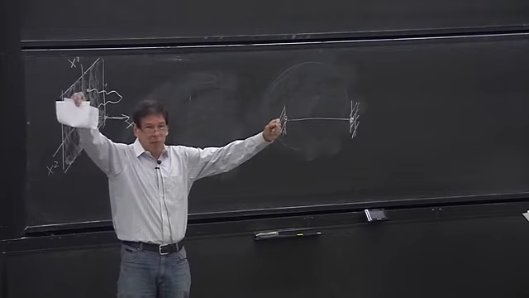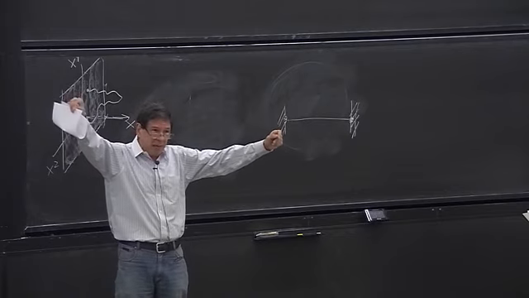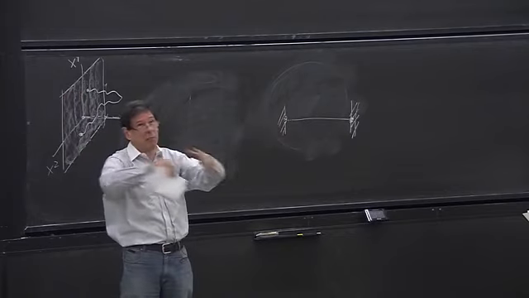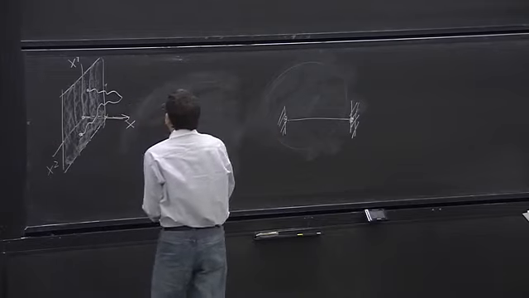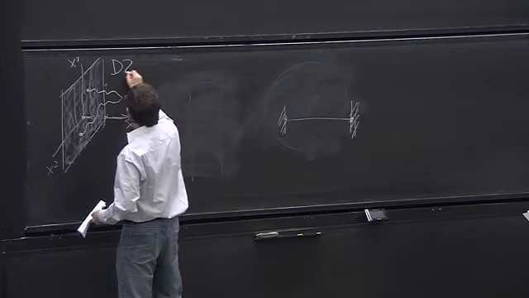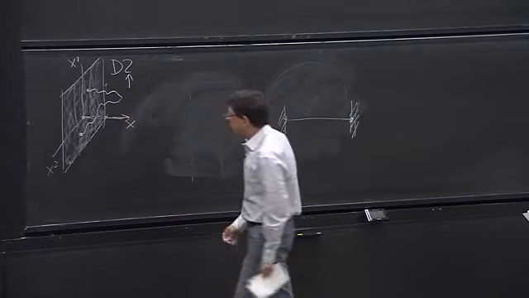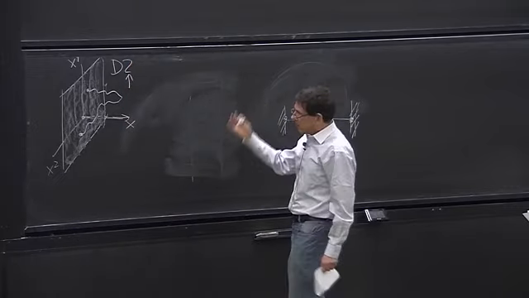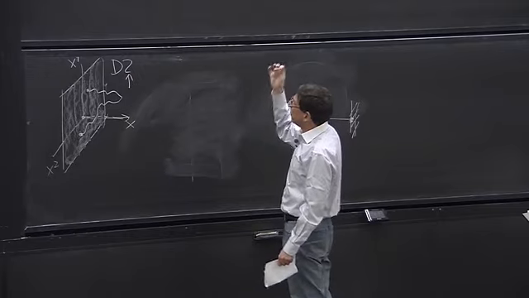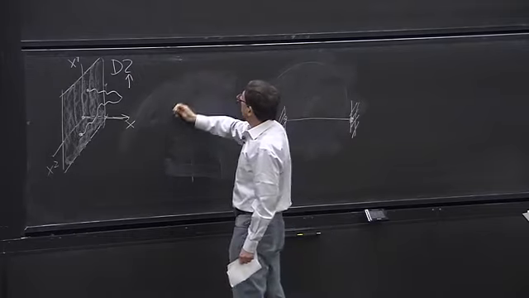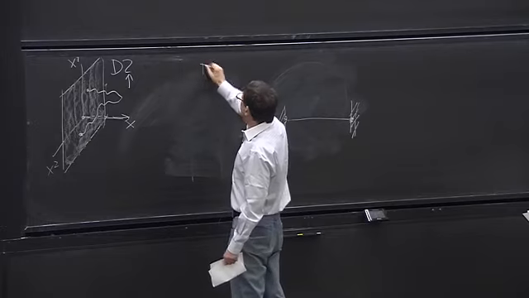Because the open strings' endpoints must stay on the D-brane, if they're free to move, it must be because the D-brane is space filling. This would be called a D2 brane because it has two spatial dimensions. Now, before we take up the issue that string theory has 10 dimensions or whatever, you can think of D3 branes.